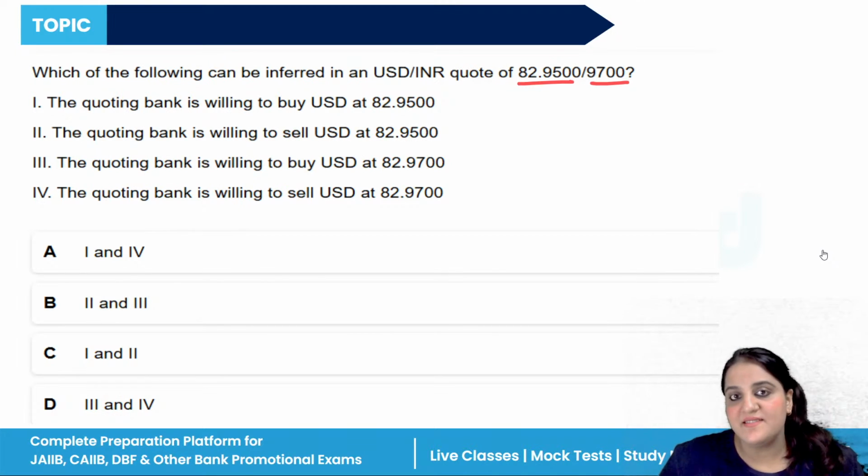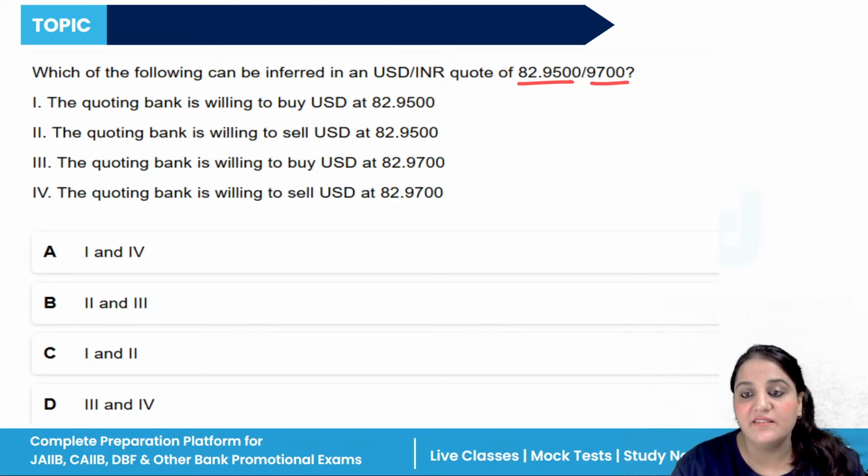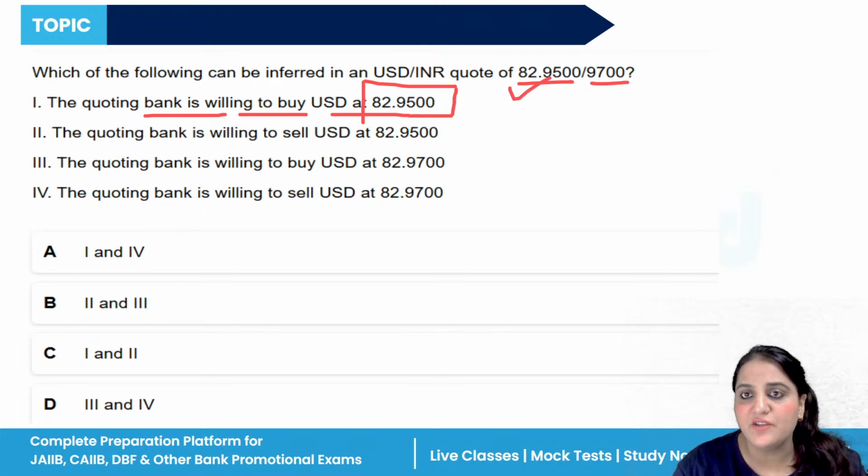To interpret this situation, remember, in a forex quote the first rate is the bid rate, at which the bank generally buys the US dollar. The second rate is the ask rate, the offer rate at which the bank generally sells.